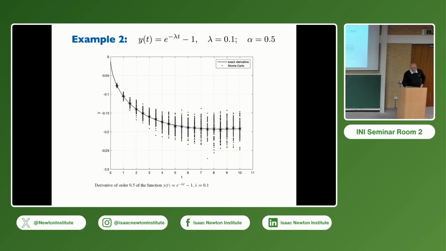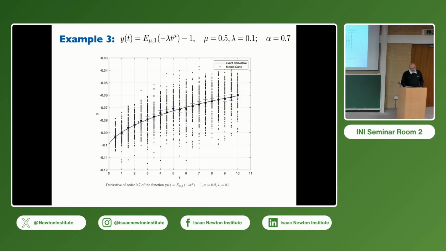For some other cases, like here, for example, we differentiate the exponential function. For some other cases, the variance is much larger, even still larger. But okay, this is another story because we still obtain values that are close to the exact values of the function and its derivatives. This is the Mittag-Leffler function, by the way.